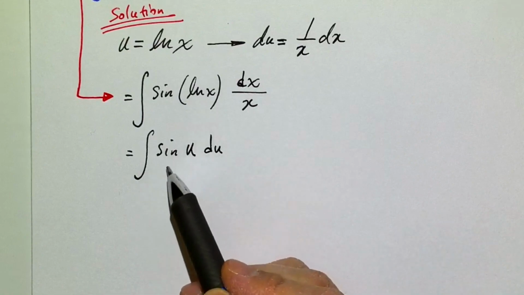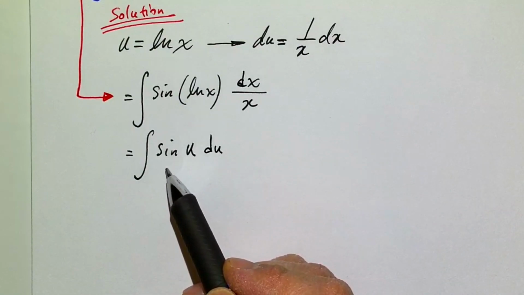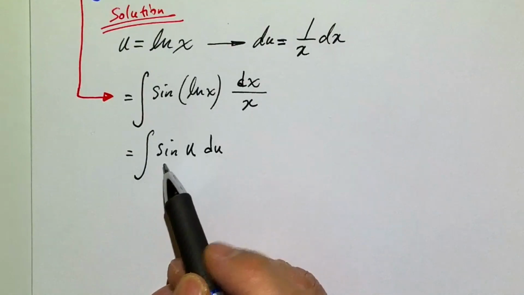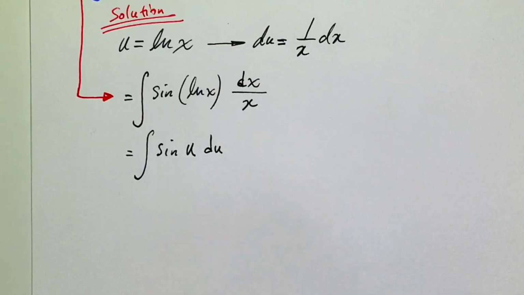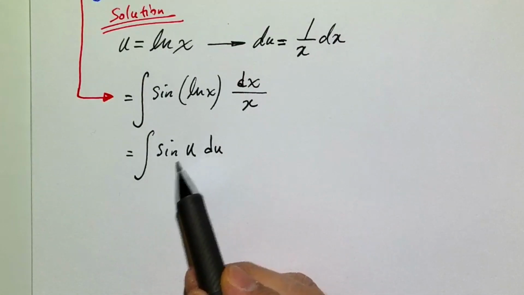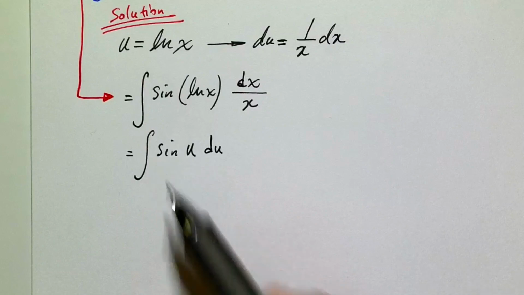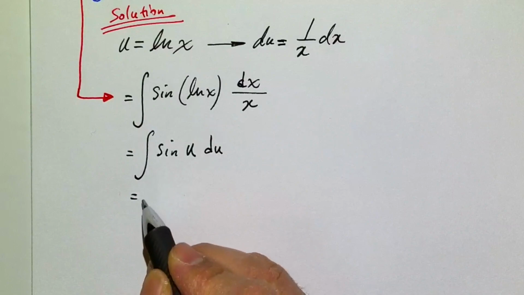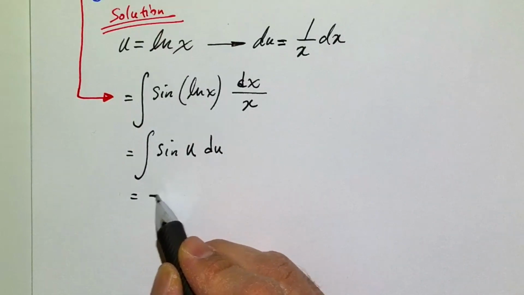Okay, so integral of sine of u will be cosine of u, but because we have a positive, we know that the derivative of cosine of u is going to be minus sine of u, but we don't have a minus. That means the original expression should have had a minus in front of it.